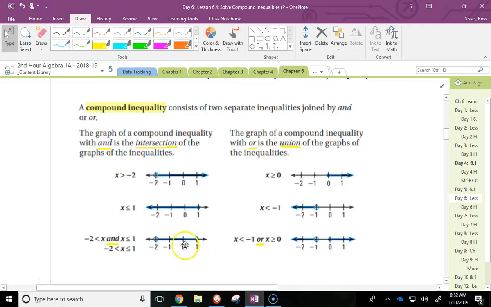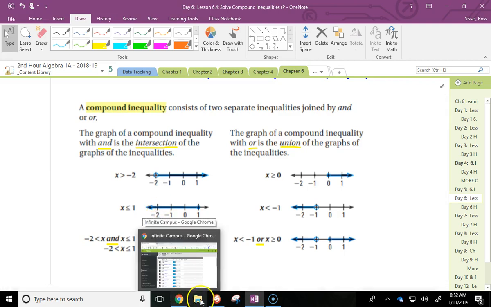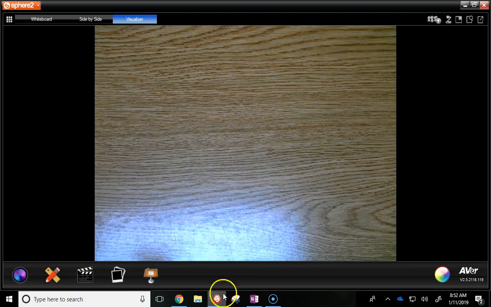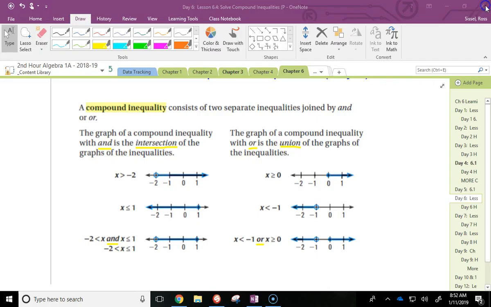Okay? Let's go back to our OneNote. We have gone through all this. This is what was in your foldable.